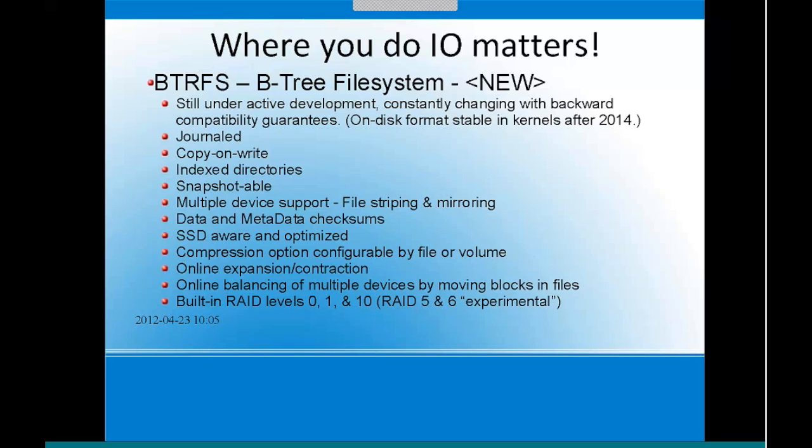It is copy on write, it is journaled, it has index directories, it has a lot of neat features. It has built-in RAID 0, 1, RAID 10. They are experimenting with RAID 5 and 6. Why, I don't know. It does a whole lot of neat things. I have no idea how it performs for databases. It's just too new, and I haven't done any testing on it. But I thought I would bring it up.